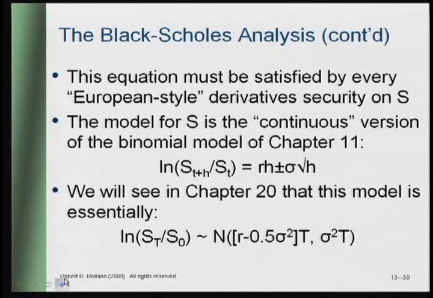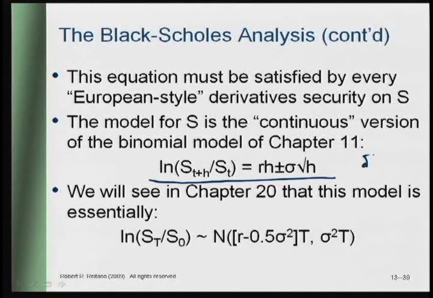And in the binomial lattice, we have this defining property that, again, ignoring delta, the dividend rate, the log ratio of prices has a drift term and a volatility term. And we'll see in a later chapter that, in fact, in the limit, when h goes to 0, the binomial model produces a log-normal distribution of stock prices.